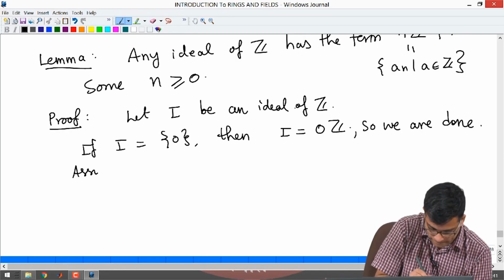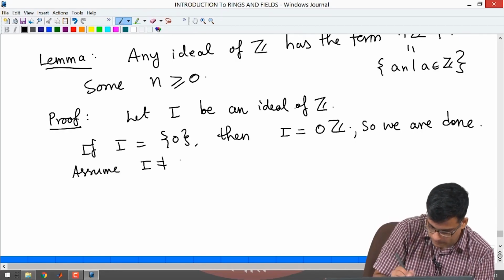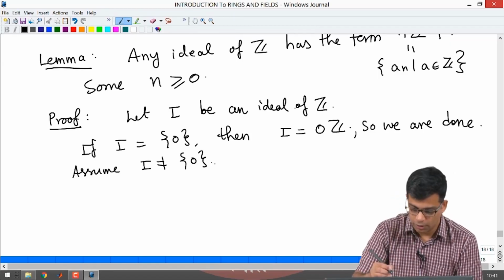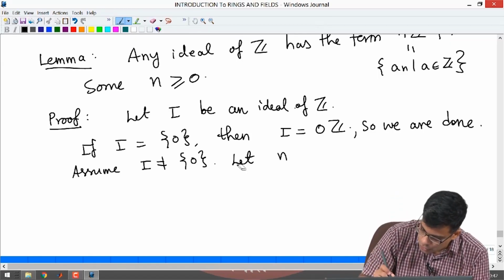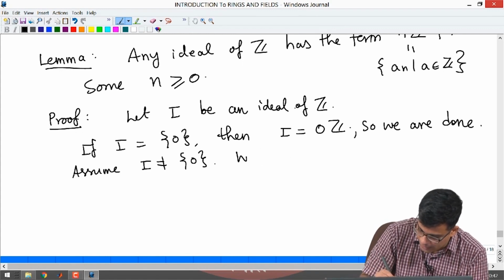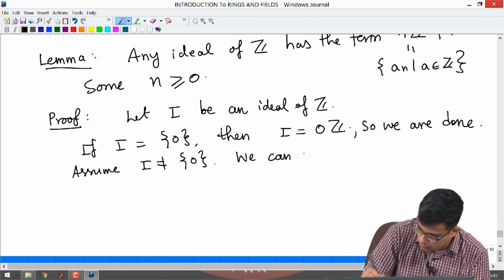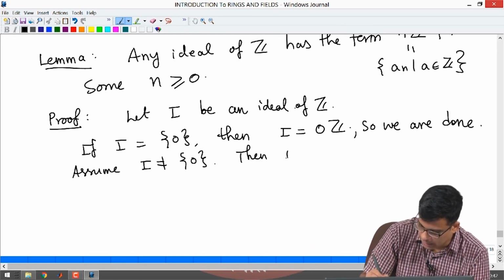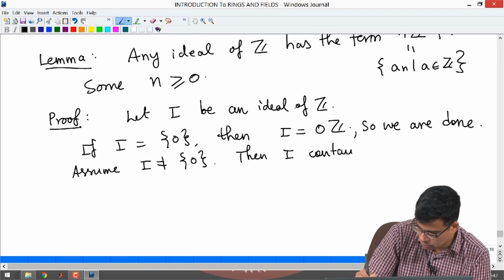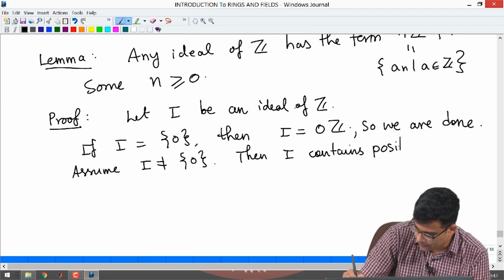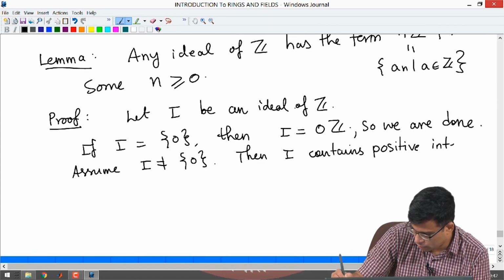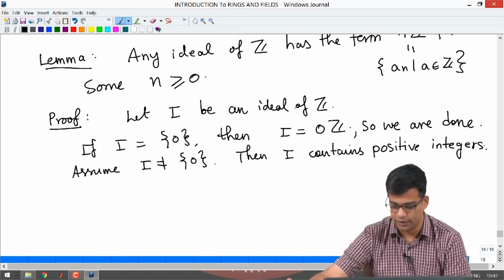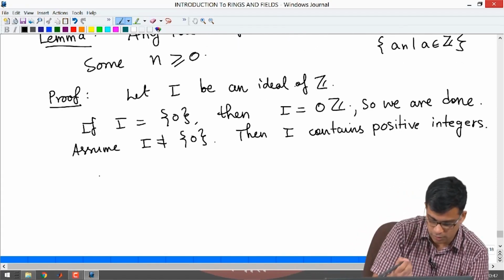So, assume I is not the set 0. In other words, I contains some other element. First of all, I claim that I contains positive integers. If I contains something non-zero, it contains positive integers. That is because of a very simple example.